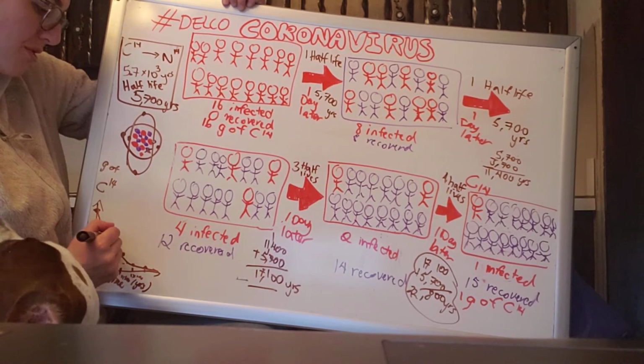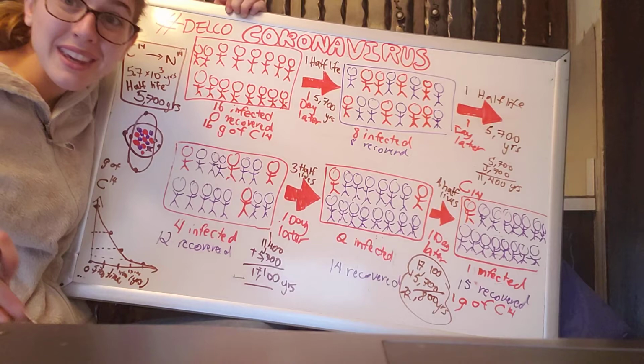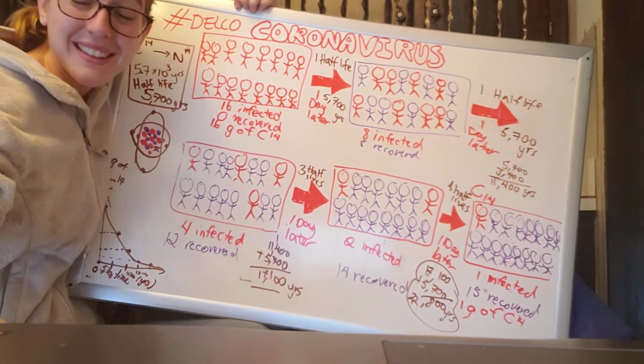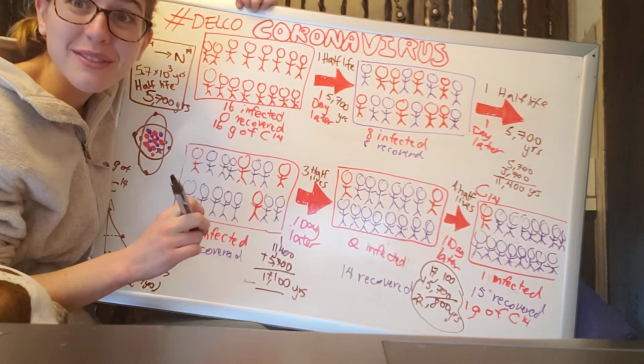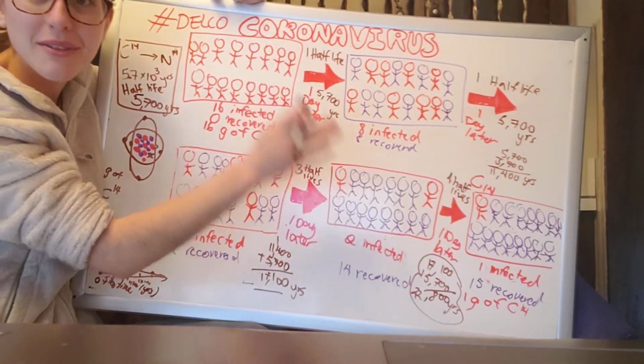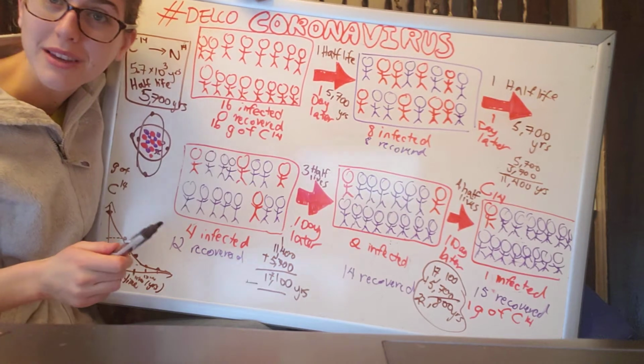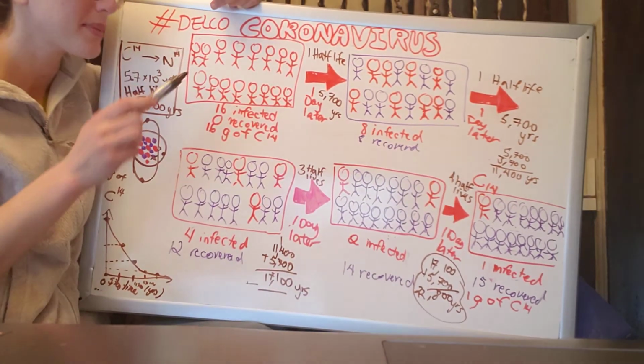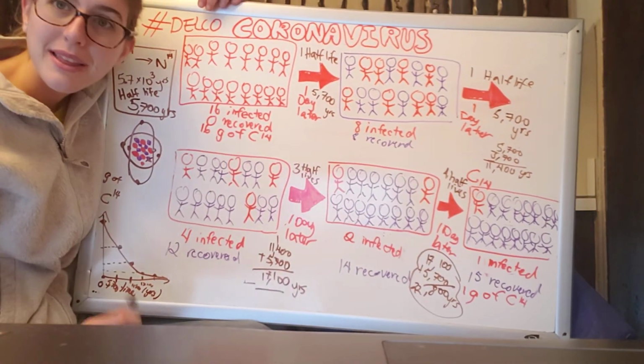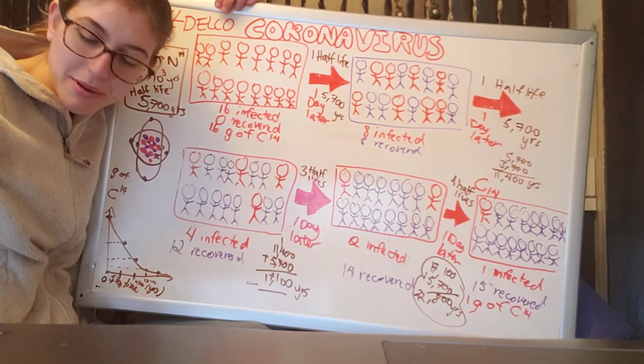is an exponential curve, which hopefully is going to look like the exponential decline of the coronavirus as people start to recover and we start to get herd immunity, which I could talk about forever, but I'm not going to because today's topic is carbon-14. So people do the right thing, stay at home, don't infect other people.